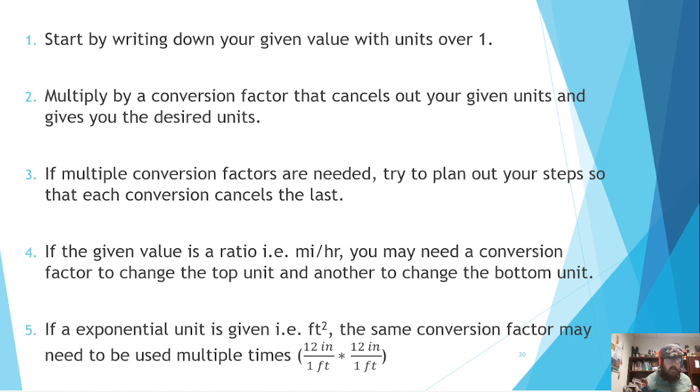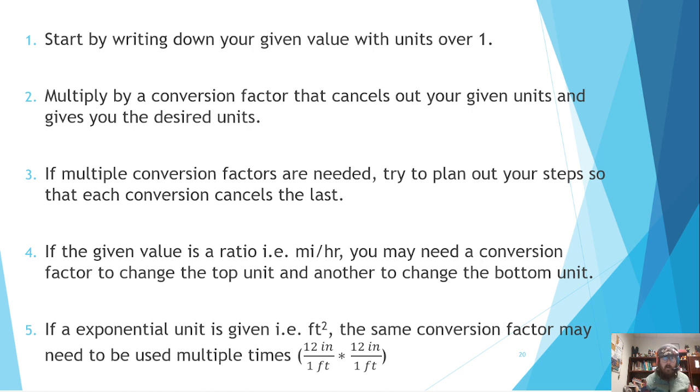Then I might go hours to days if I need to, days to weeks. That way, each one cancels out the last. I don't have to do a really fancy conversion if I can do smaller conversions. Just like you can go inches to feet, feet to miles. So you don't have to do it all at once.